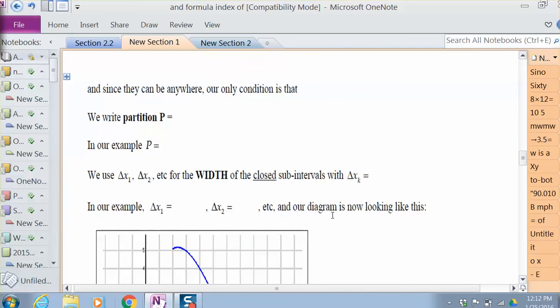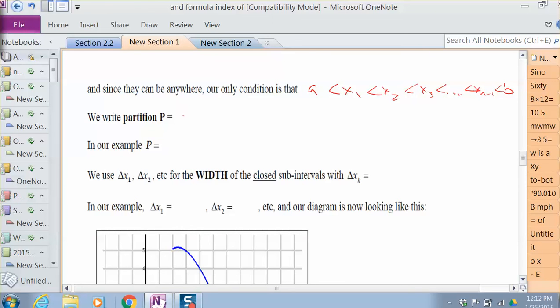Since it can't be anywhere, our only condition is like this. So if A is a left endpoint, and then we have a bunch of partitions like this, dot, dot, dot, xn minus 1, and then B.